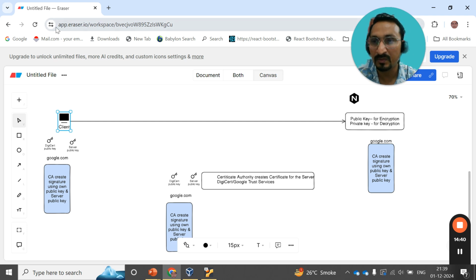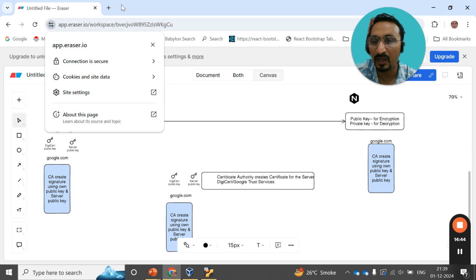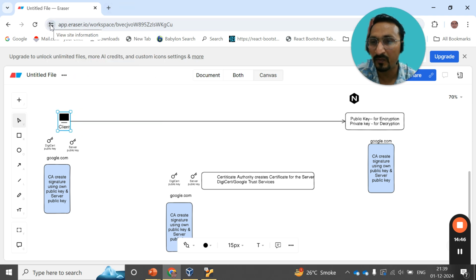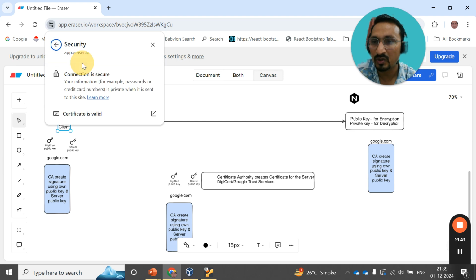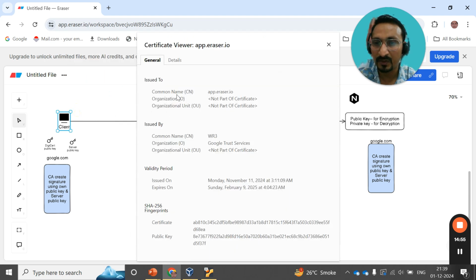Let me show you a simple example. If you open any browser and click here, you see the connection is secure. When you click here, the certificate is valid. If you click further, you will see the certificate used by this browser.